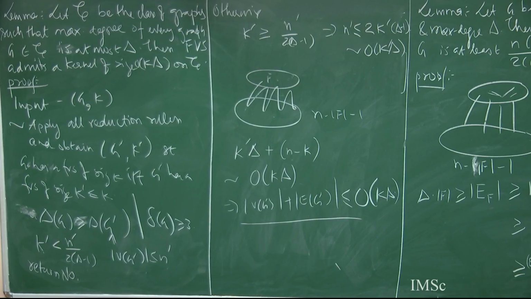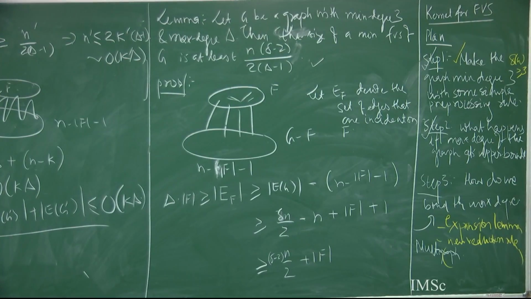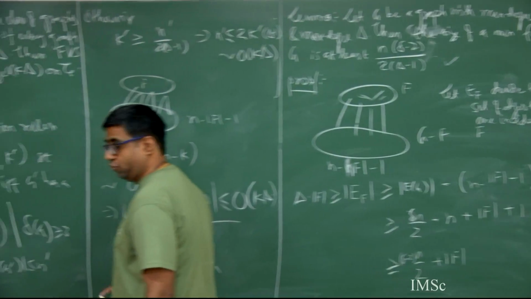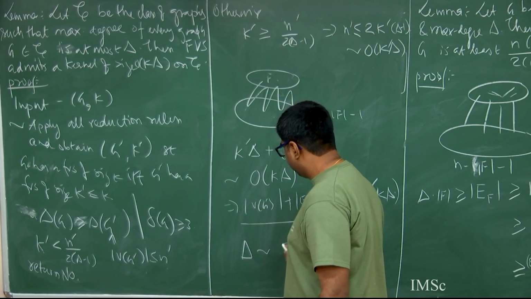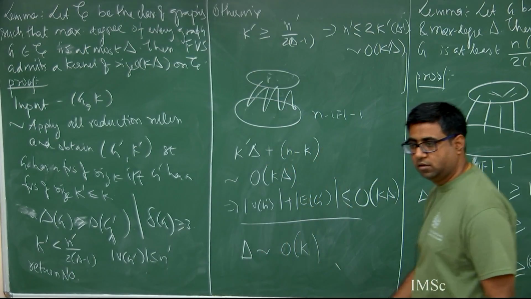Now, we are done with step 1 and step 2. The whole goal now is this: if I apply some reduction rule and show that the maximum degree of the graph, delta of G, is bounded by order K, aren't we done then?